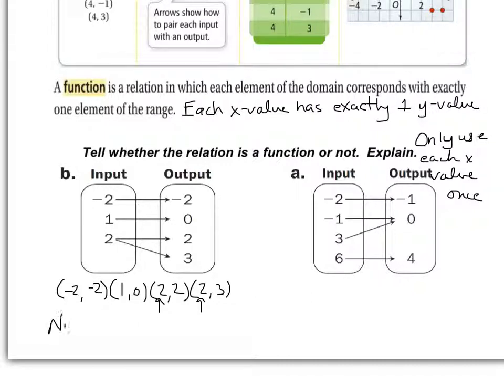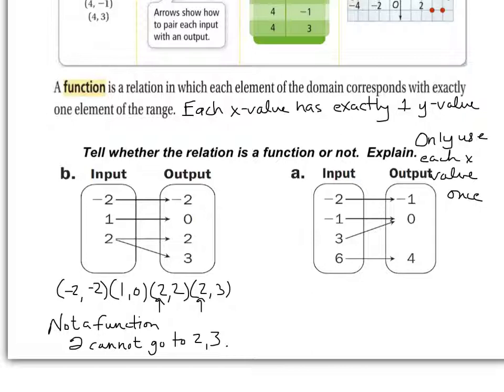So this is not a function. And the reason for the explanation is that 2 cannot go to 2 and 3. It can only go to one of them. Okay? So in this case, that's not a function.